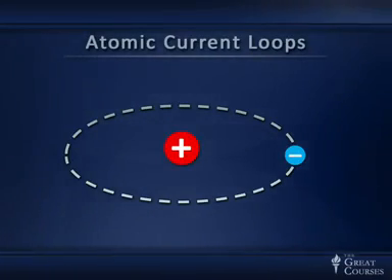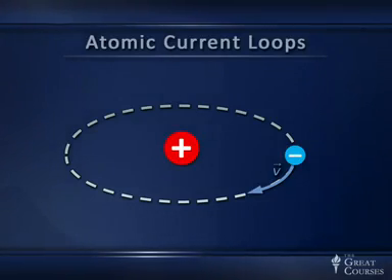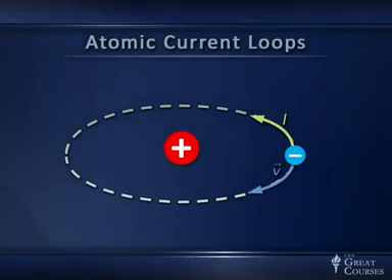But if we think of an atom this way, as a positive charge with an electron circling around it, I've shown the electron with its velocity going clockwise when viewed from above. Because the electron is negative, the current associated with that electron is flowing in the other direction.